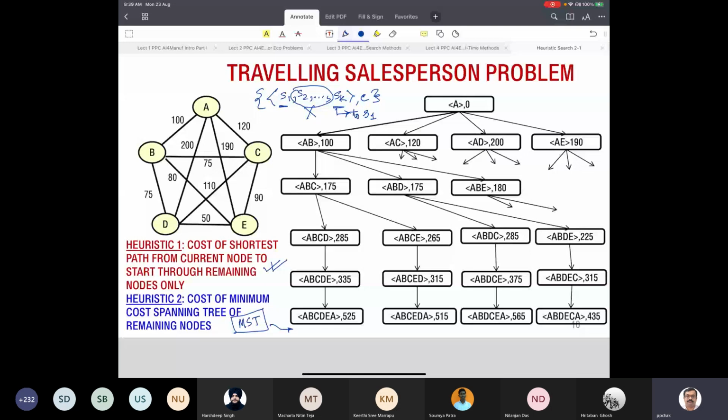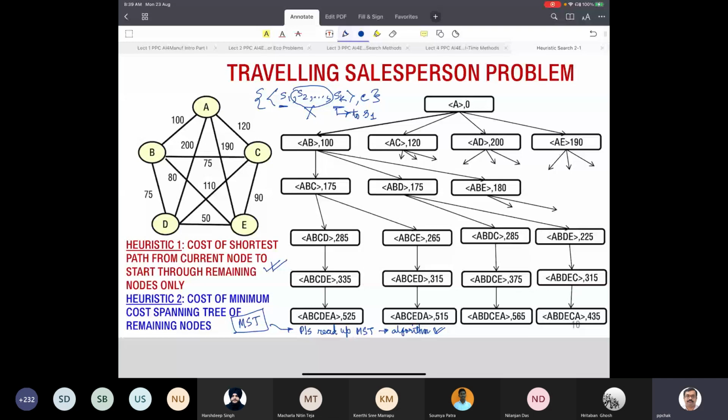So please read up the minimum cost spanning tree of a graph and also the algorithms to find it. This is a very basic and traditional algorithm. It will not take you more than an hour to understand, and it has got a large number of applications.